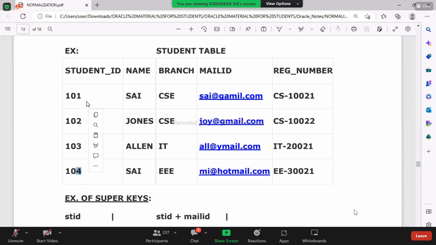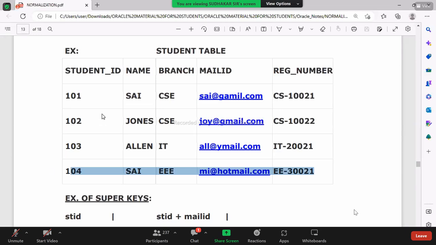Each and every row, this is called a row, should be identified with unique numbers. If a column's data is like that, it is called a super key column. Understand now?